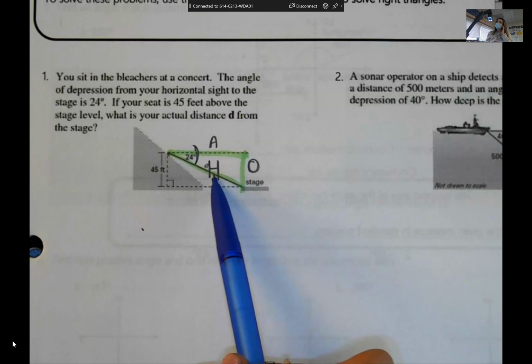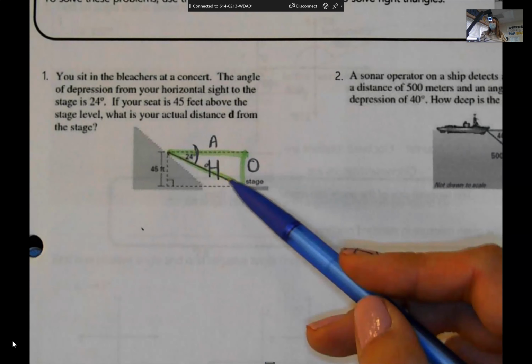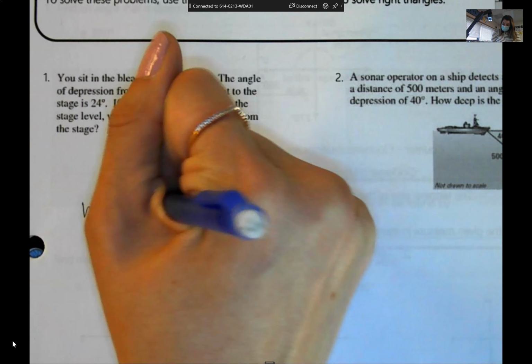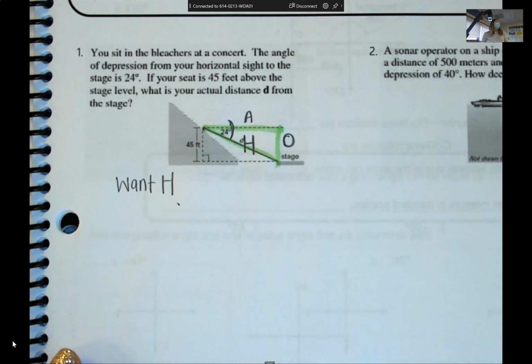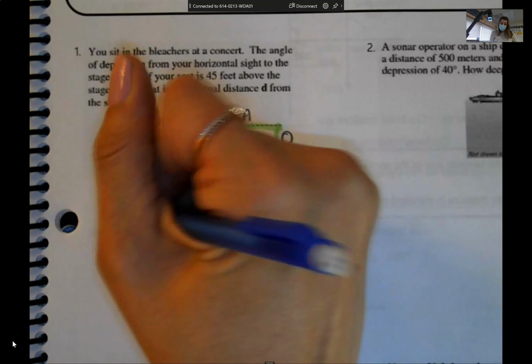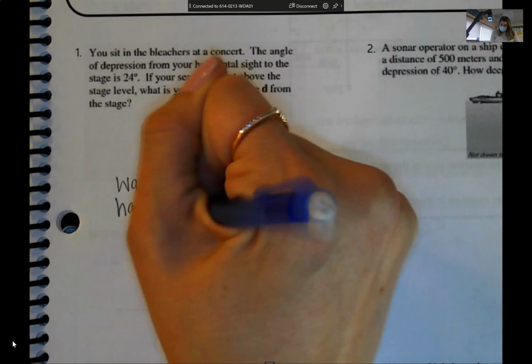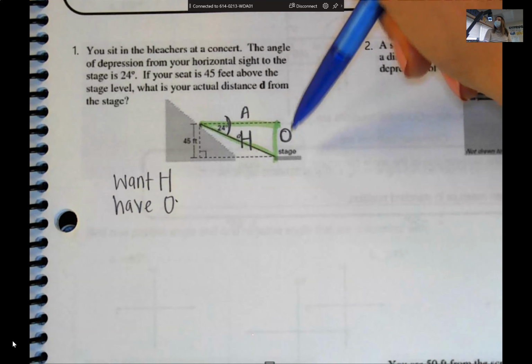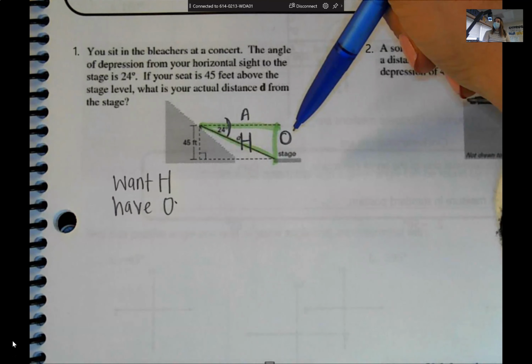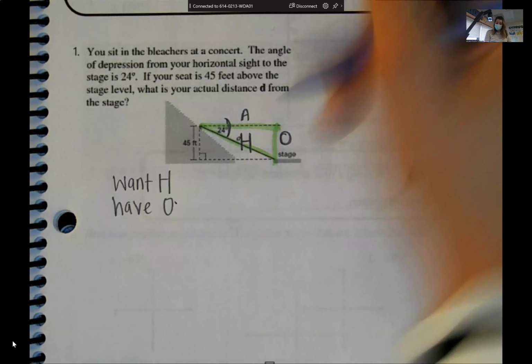So they're asking us to find the hypotenuse. So we want H. We actually have O. Now, where I have O written, there's not a number there, but what is the length of O? 45.